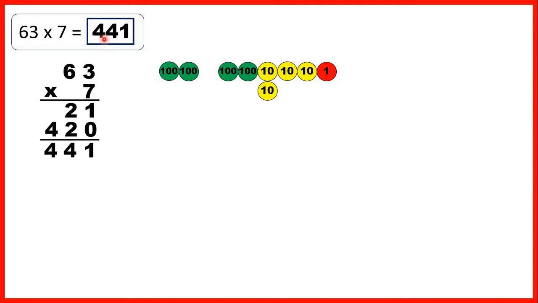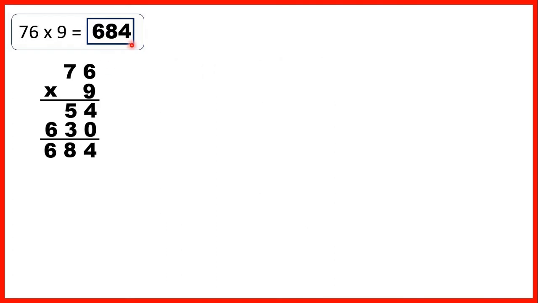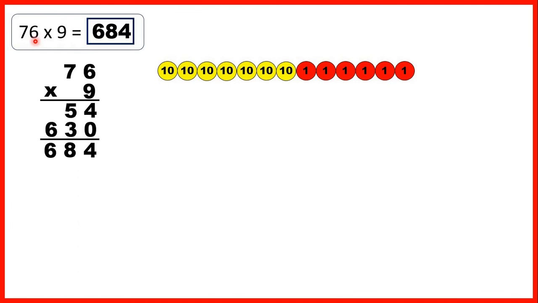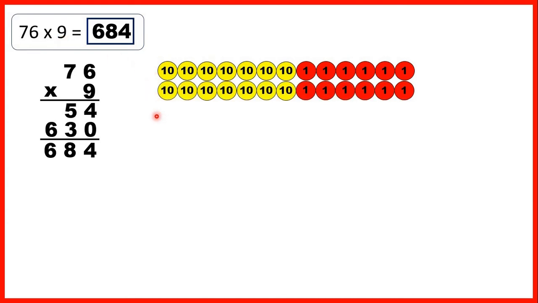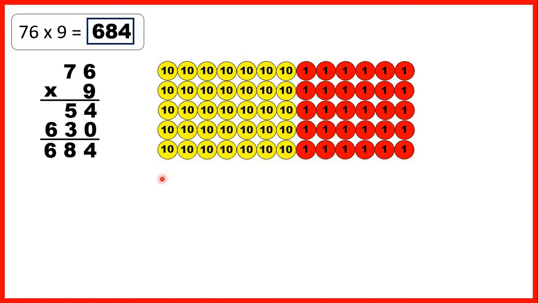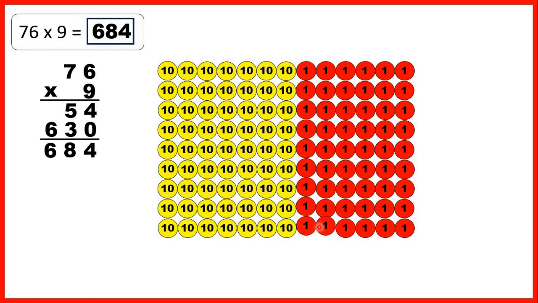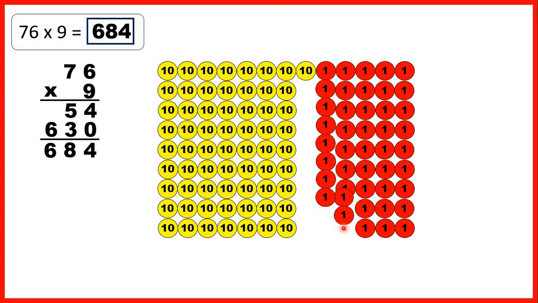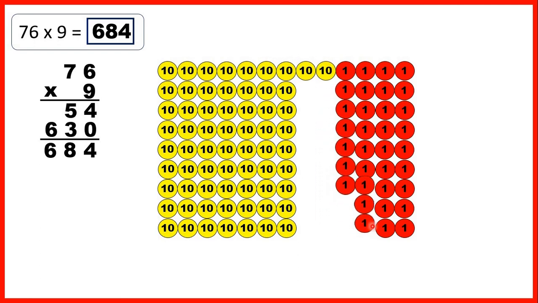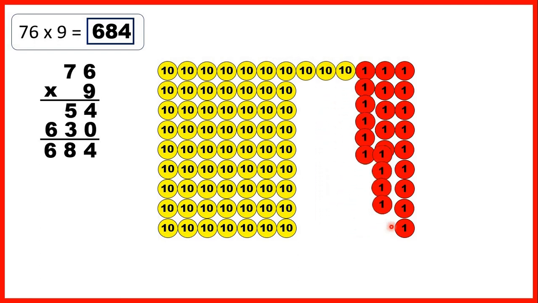So that's 441. Then we had 76, so 7 tens and 6 ones, and we were multiplying by 9. So we can show what we have, 9 times. Now we can regroup our ones because 10 one counters has the same value as 1 ten.